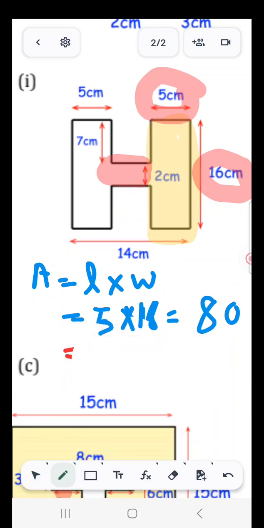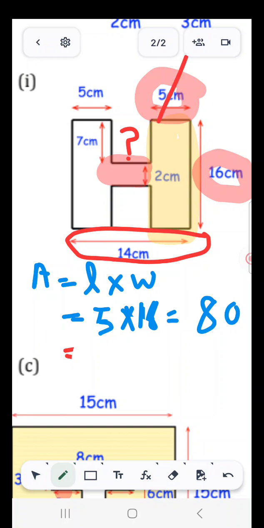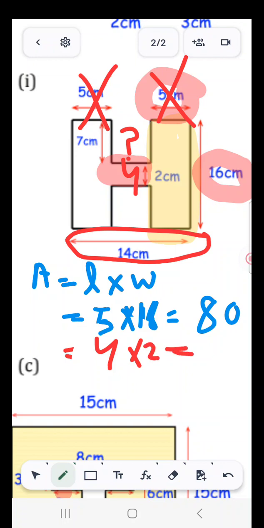The middle part you needed to know is this one. Actually the whole length was 14 here, as you can see in the red circle. From 14, if you subtract 5 and 5, you will be getting 4 in the middle, isn't it? So 4 should be the length, and the width is already the 2 you can see. So 4 times 2 is 8.